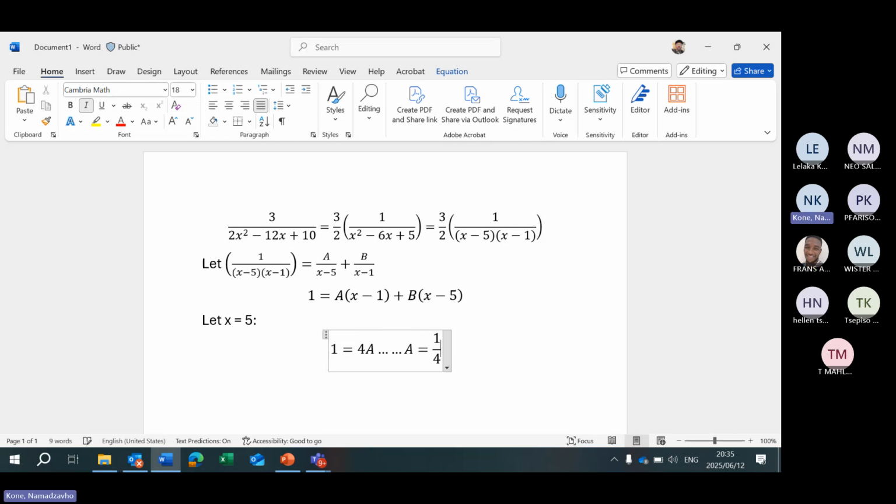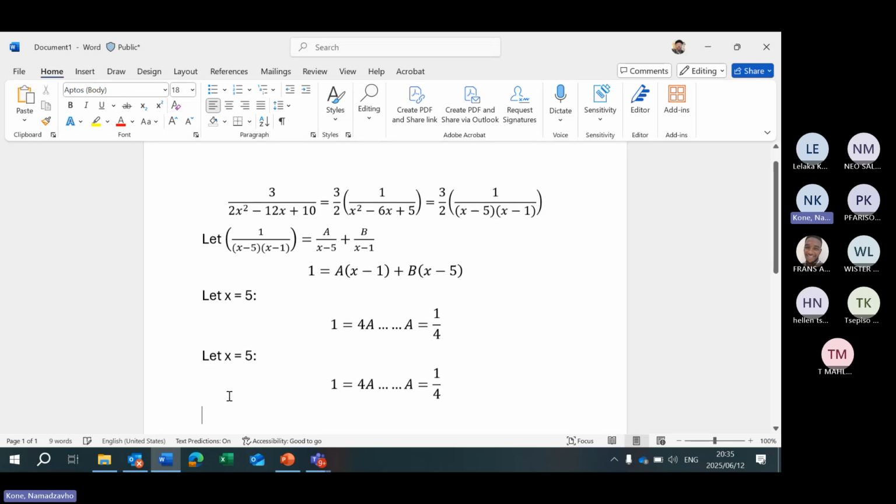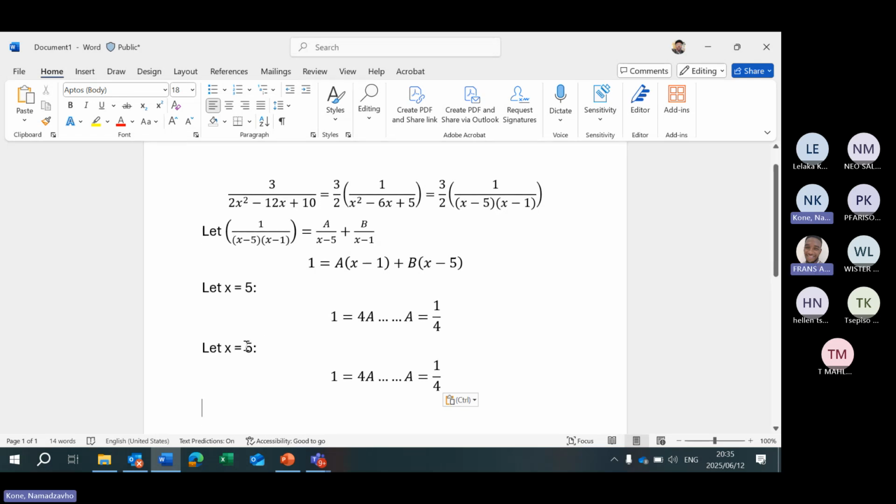Nice. Perfect, right? Then we do the same. We will let x be equal to what now, to cancel out a? We will let x be equal to 1, right? Then the left-hand side will still remain 1, and when we put 1 here, we get a 0 here. 1 minus 5 is minus 4.